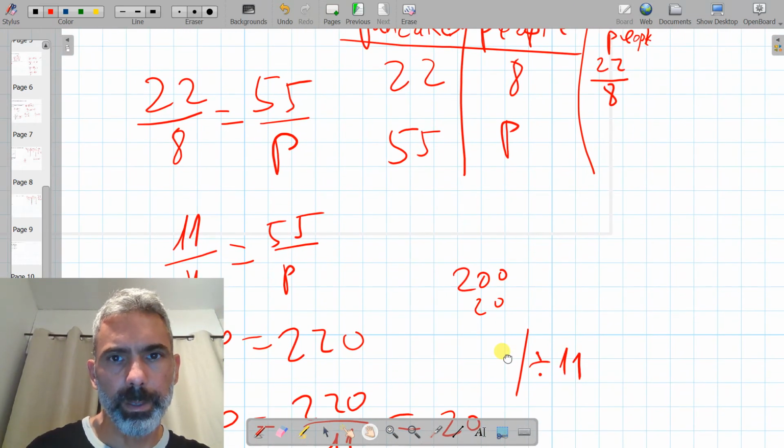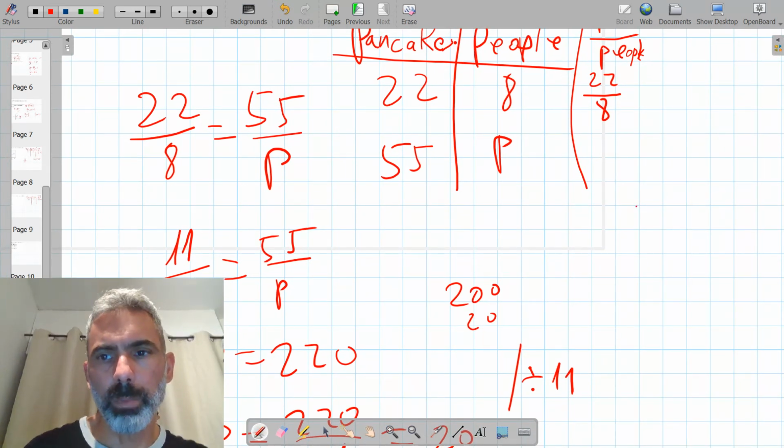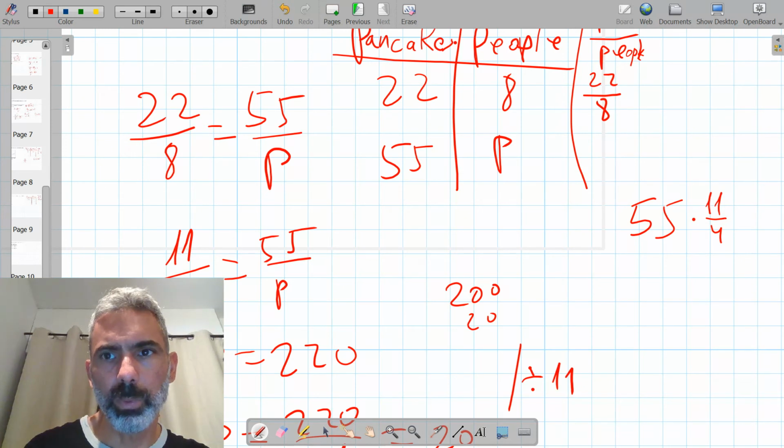Verify. So this is the relationship. If I multiply 55 times 11 over 4, which is the relationship between the number of pancakes to the number of people, I should get 20.